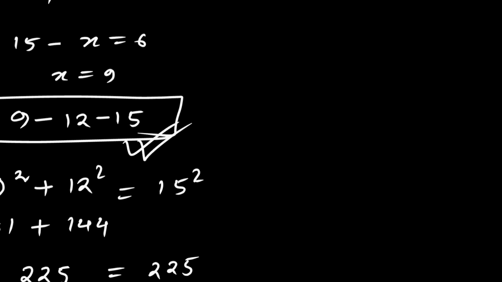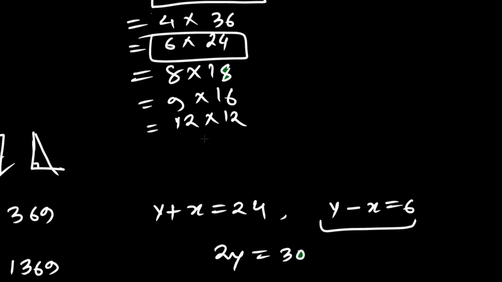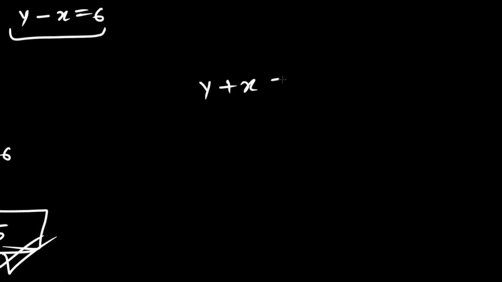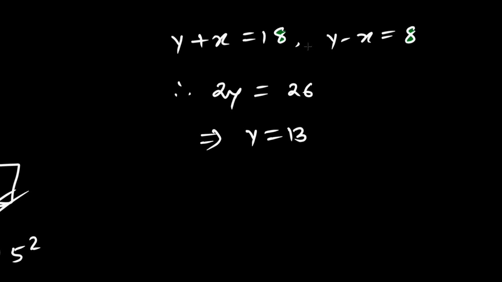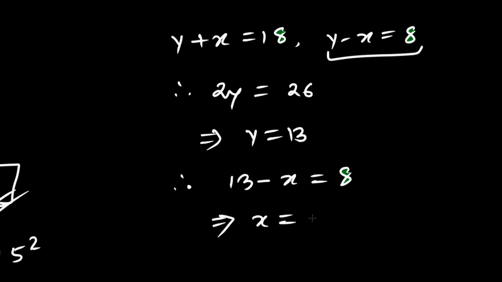But we're still not done. Let's test another factor pair. Suppose y plus x equals 18 and y minus x equals 8. Adding these equations gives 2y equals 26, so y equals 13. Substituting back into y minus x equals 8 gives 13 minus x equals 8, which means x equals 5.